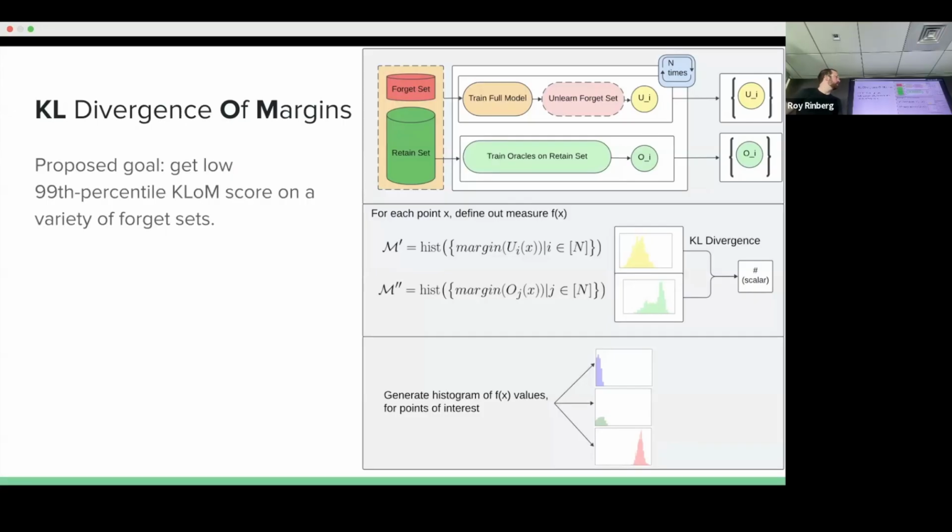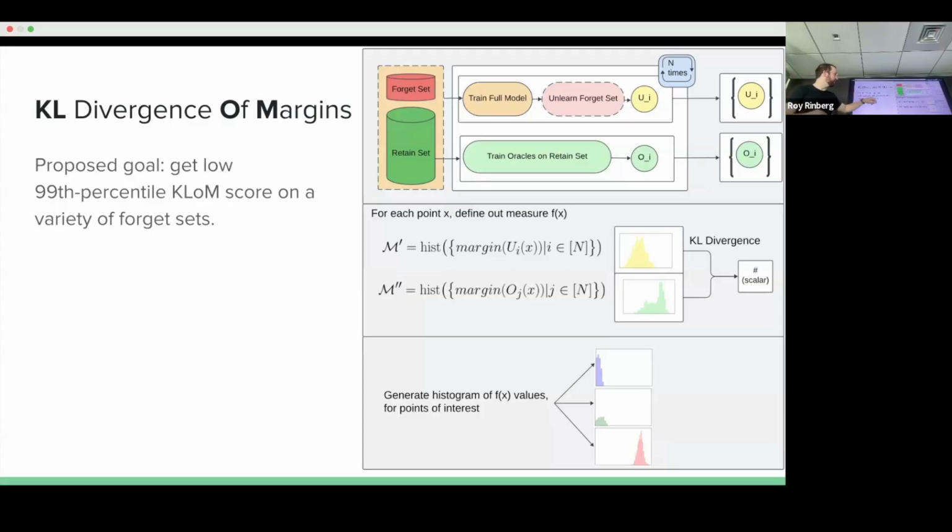The KL divergence would be 0, which is why I'm wondering why for every point it's not just slammed at 0. Imagine your unlearning algorithm produced a distribution of margins that's bimodal, and it's either this one or this one. When you actually pick a single unlearned model, it's going to predict one margin or the other.